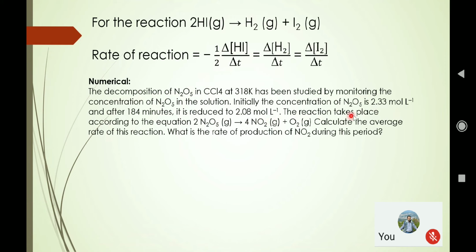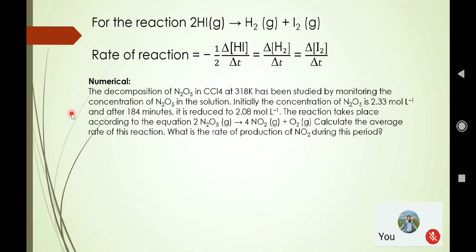The reaction takes place according to this equation: 2 moles N2O5 decomposes to 4 moles NO2 and 1 mole O2. Now it is asked to calculate the average rate of this reaction, and also the rate of production of NO2 during these 184 minutes.